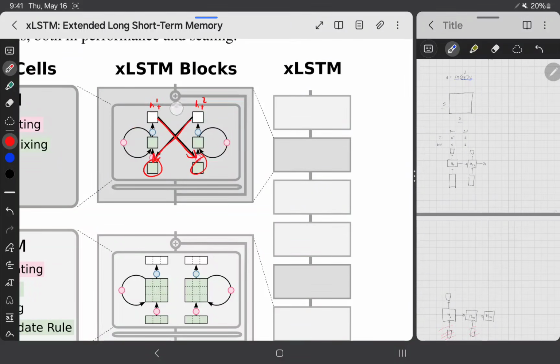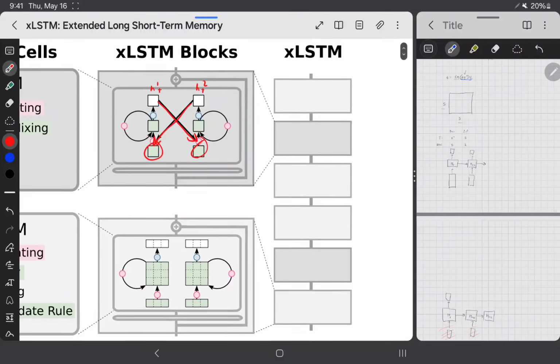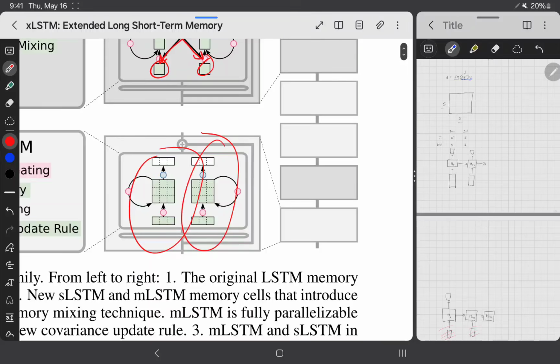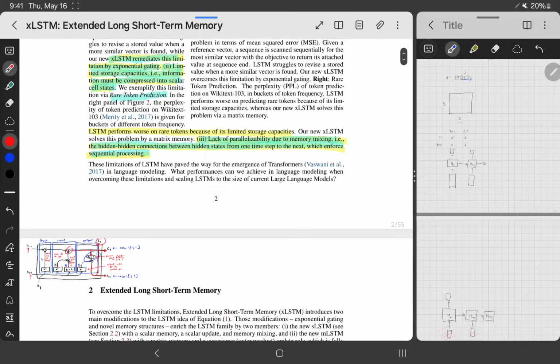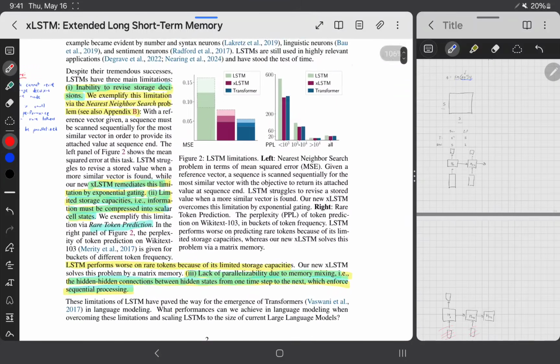So HT1 from one LSTM goes to the hidden state of all other LSTMs because of that mixing. But in here, if you have multiple heads in attention, you know the heads are parallel and they don't mix with each other. So it allows for more efficient computation. So yeah, this meets the things they were trying to do here.